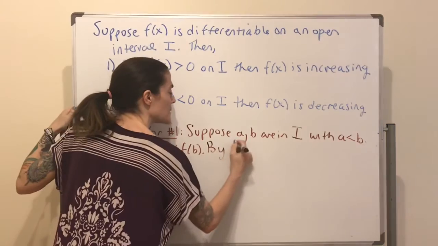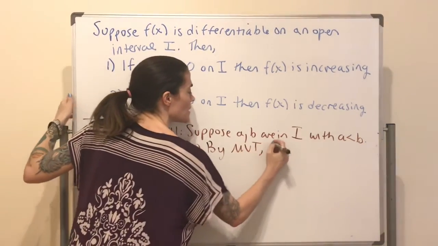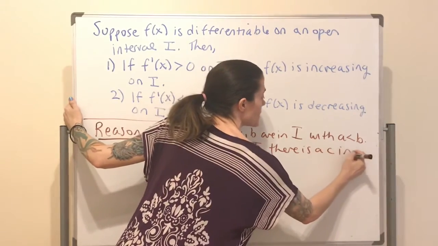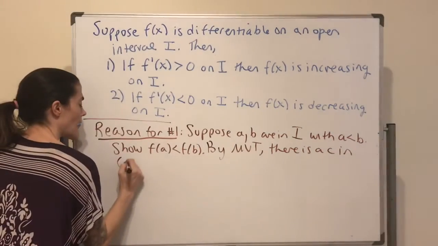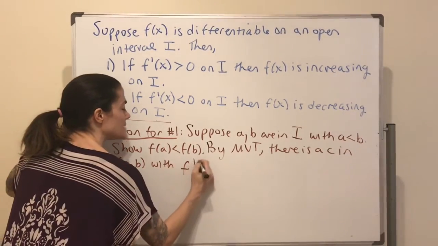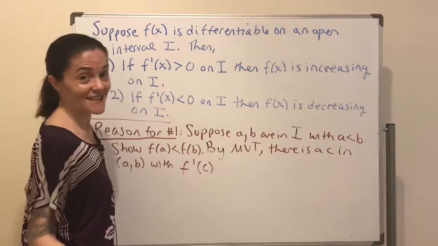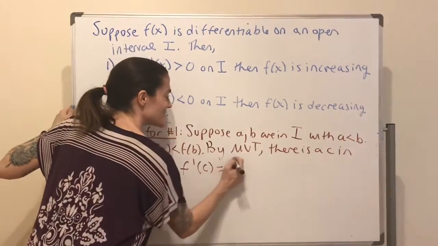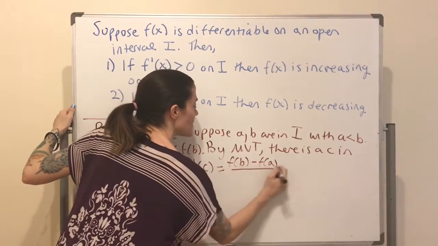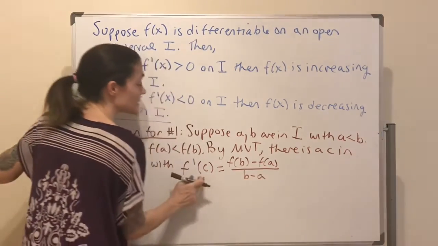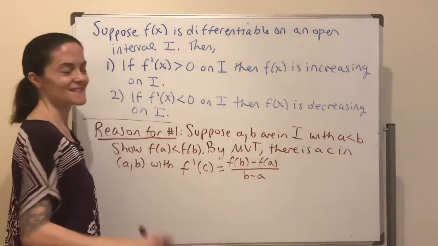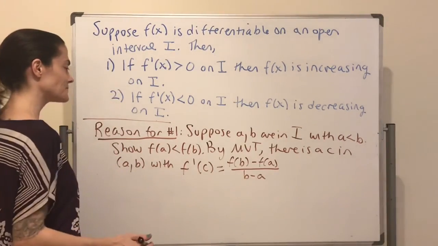By the mean value theorem, there is a c in the open interval a to b with the instantaneous rate of change at c is f of b minus f of a divided by b minus a. This instantaneous rate of change is equal to the average rate of change on the interval.